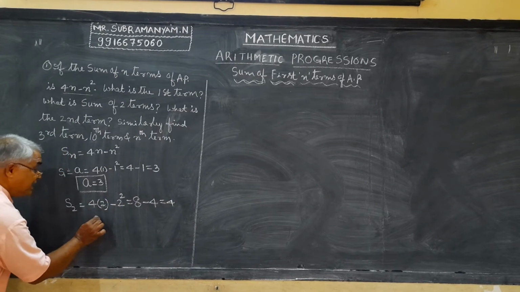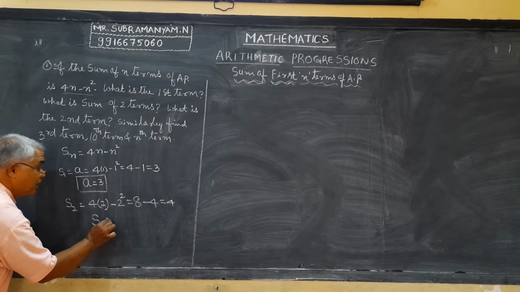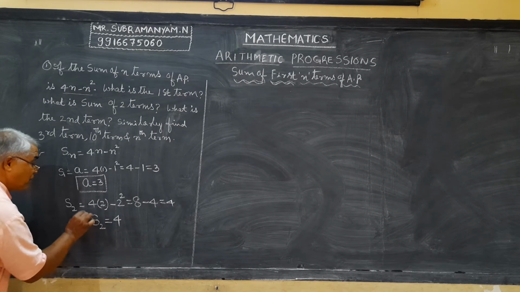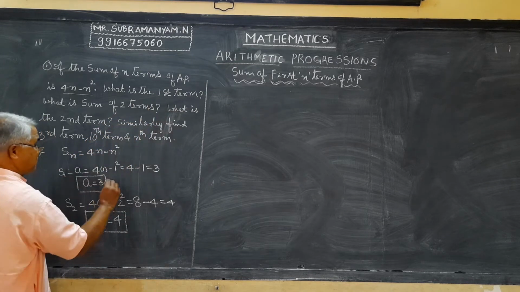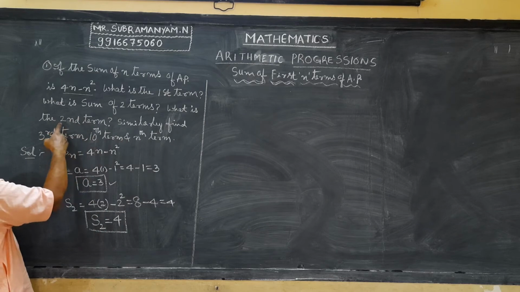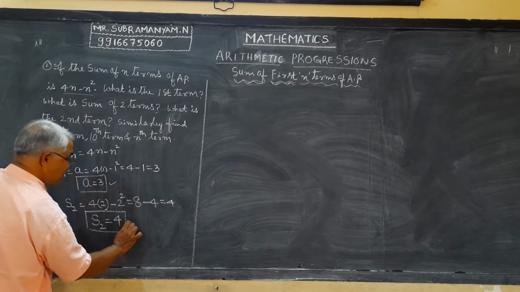That means S2 equal to 4. The first term is 3. The sum of two terms is 4.